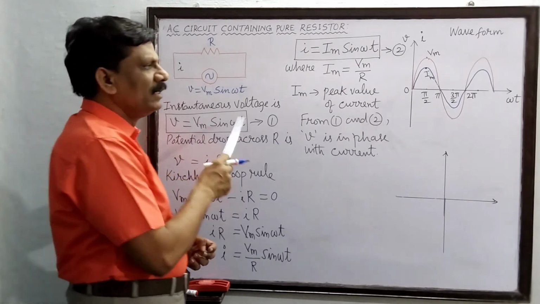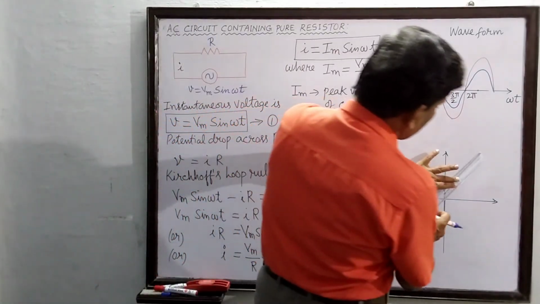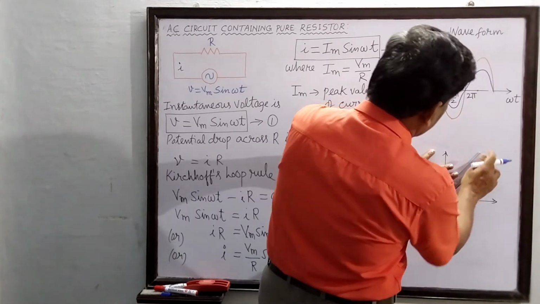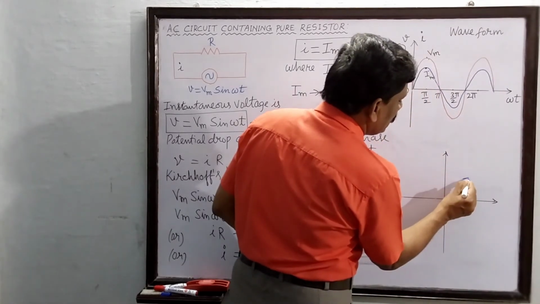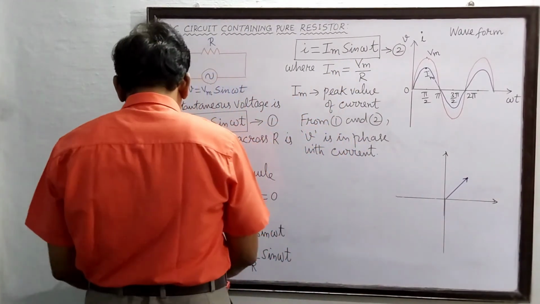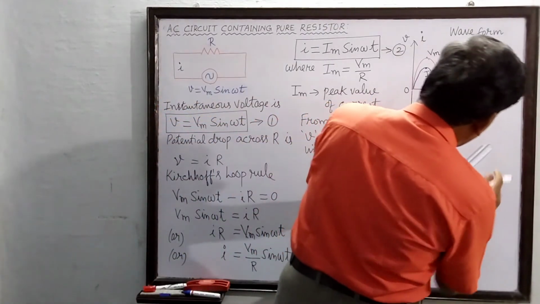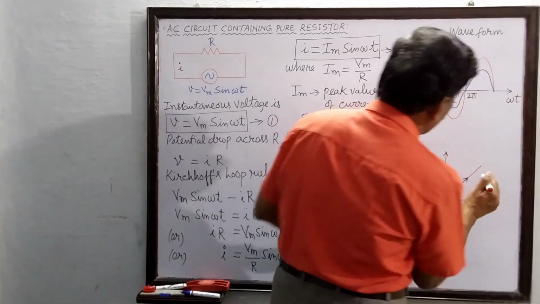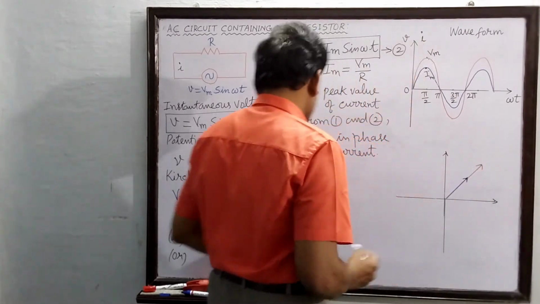Omega into t. So omega t is shown like this. So first this is for the current. So this is the current phasor. And the voltage phasor is little greater in magnitude than that of the current. So we have to represent like this.